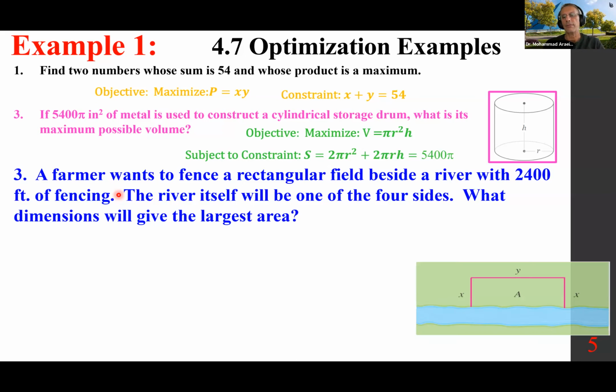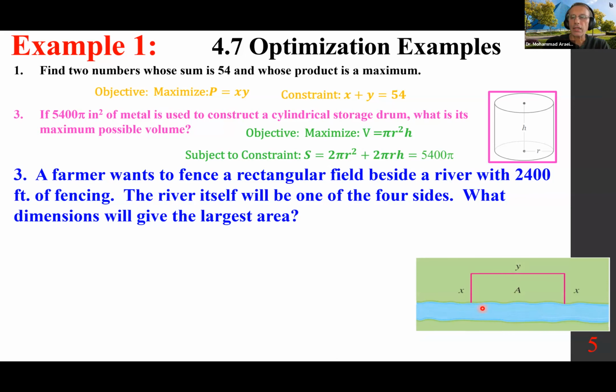So for example, here, you say this is x, this side is y, we don't need anything here. Here's the area that you want to maximize. So you want to maximize the area equals x times y, given that 2x plus 1y, not 2y, because this side doesn't need it, equals 2400.